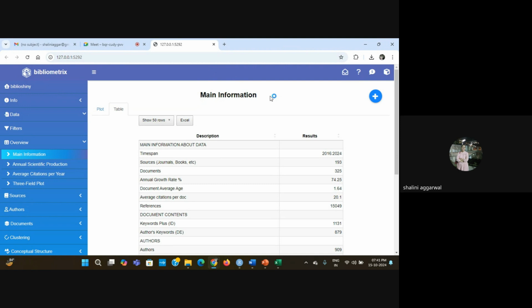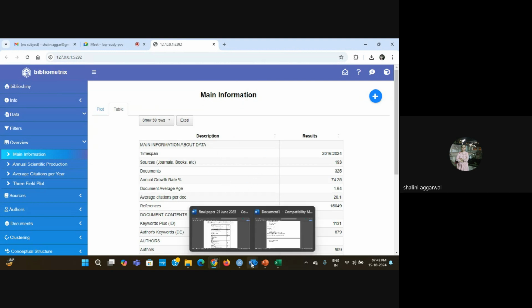Our software has provided us a software called BiblioShiny for bibliometric analysis. So we can do the bibliometric analysis with the help of BiblioShiny. So what is the first table that we have extracted? So this is the first table that we have extracted, right?